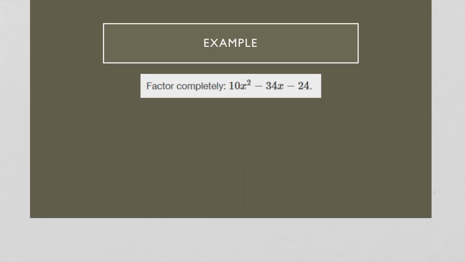All right, for this one, it looks like we can factor out a 2. So let's do that. So we've got factoring out our 2. We're left with 5x squared minus 17x minus 12. Now let's multiply the 5 and the negative 12, and we get negative 60.